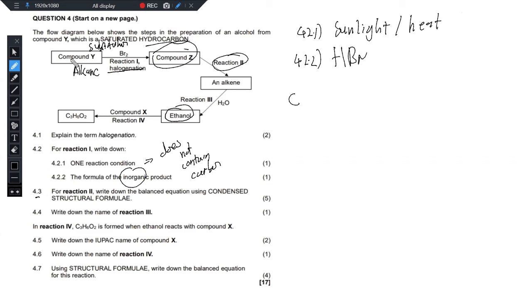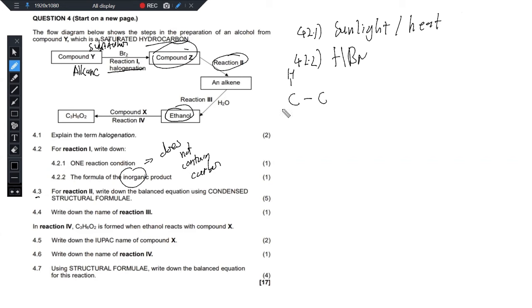So we've been using ethane here, and then this ethane became a haloalkane, still having 2 carbons, and then became an alkene, and then became that. So that means the reaction that we should have there is of C.